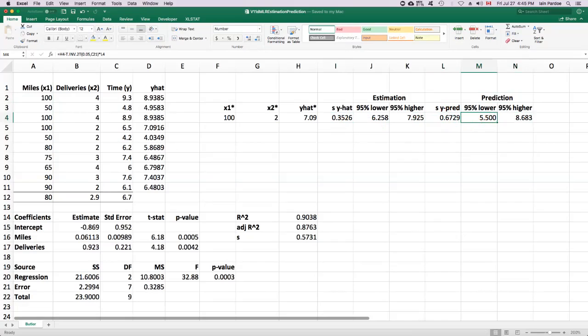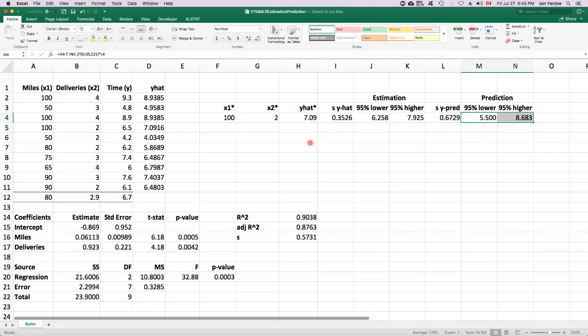Then we can calculate the interval using the usual method. Calculate a t percentile, or critical value, and then multiply by the standard error of prediction. That gives us our margin of error. Subtract it from y hat, our point estimate, for the lower bound, and add the margin of error to y hat for the upper bound.